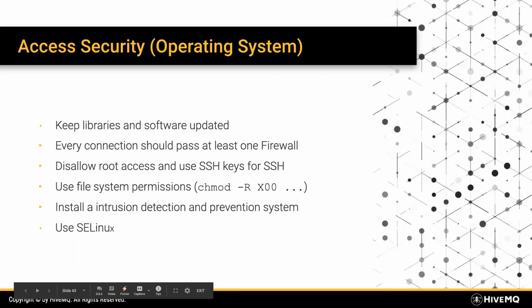Install intrusion detection and prevention systems. Usually this can be done on a network basis or on a host basis. And use all the security features that your Linux distribution provides, like SELinux, or there are more there. If you're using an intrusion detection and prevention system, be careful about overblocking. Why this is important, I will talk about later.